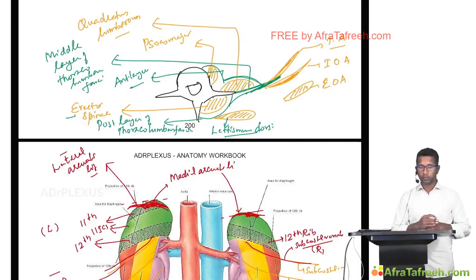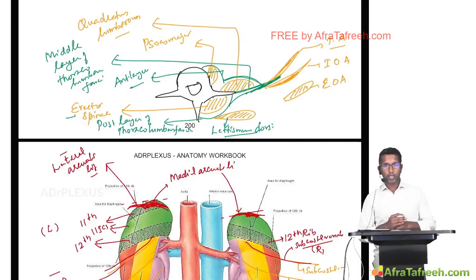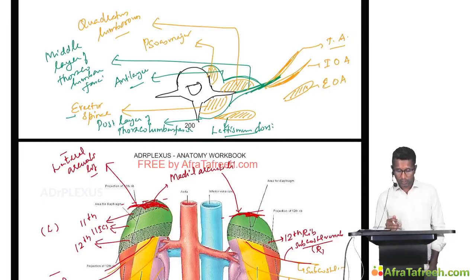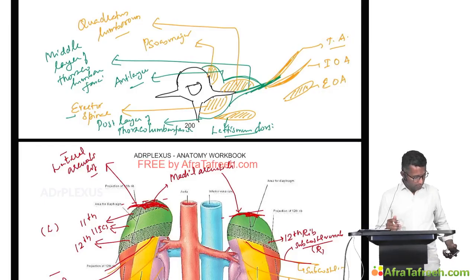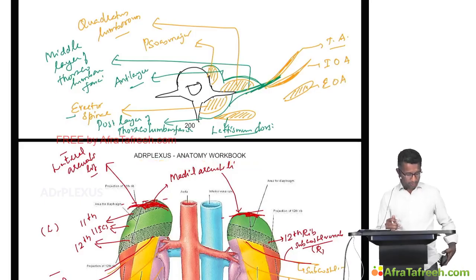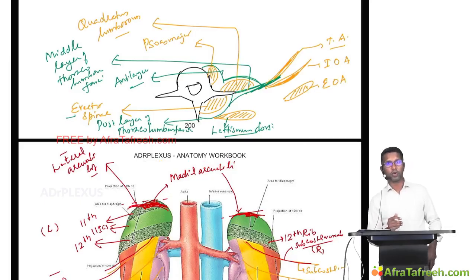Now from the diagram, you can very clearly see the external oblique abdominis muscle does not arise from the thoracolumbar fascia.